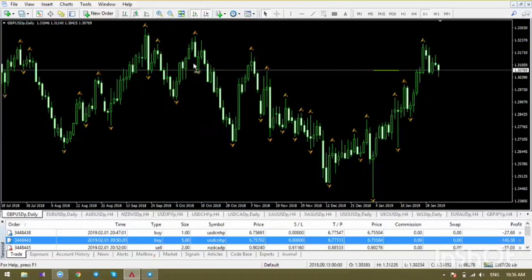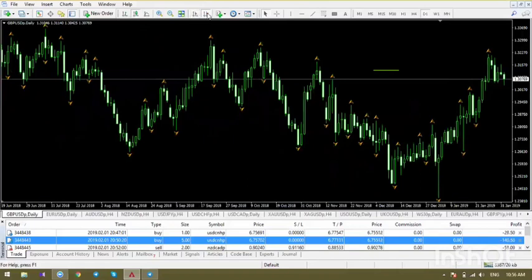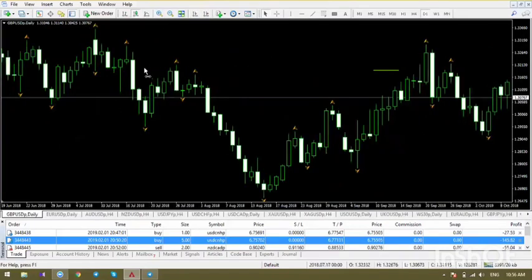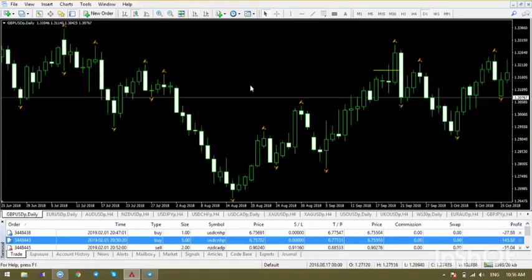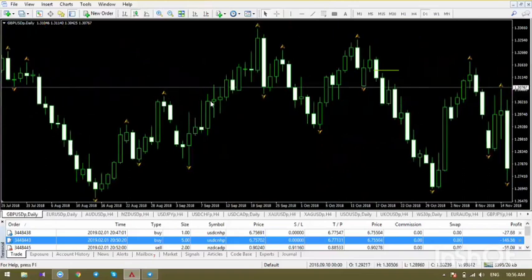For example, in here I have a reversal candlestick, but it has two errors. The lower shadow is longer than the upper shadow. It's just a little bit, 1 millimeter longer than the upper one.